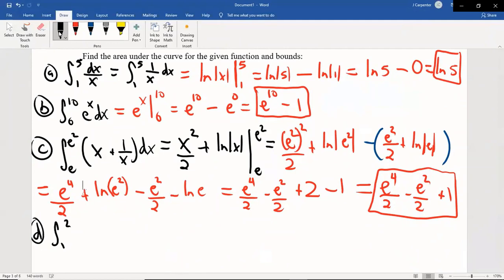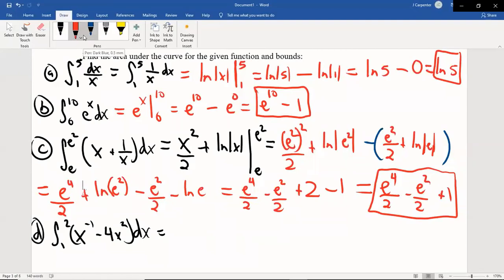Let's do another one. Integration from 1 to 2 of x to the negative 1 minus 4x squared dx. Okay, so this x to the negative 1, some of you may already know this is the natural log when you integrate it, but that's not exactly how I wrote the formula out.